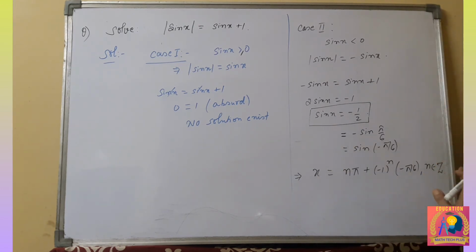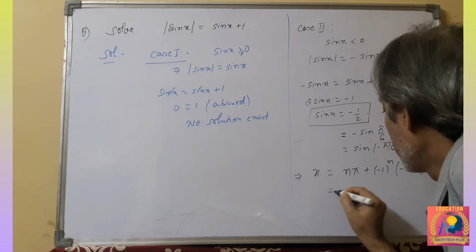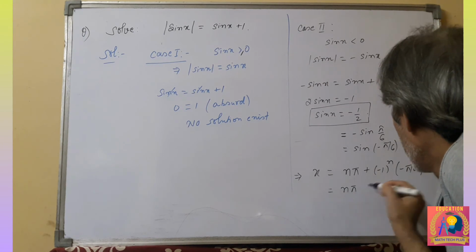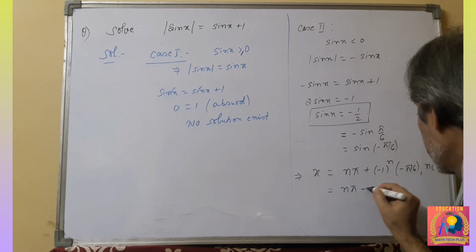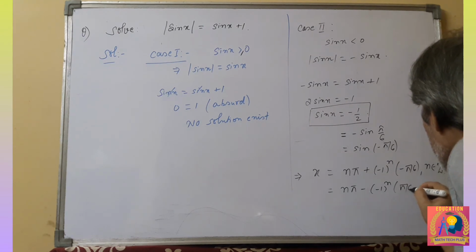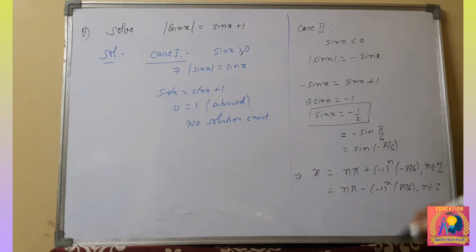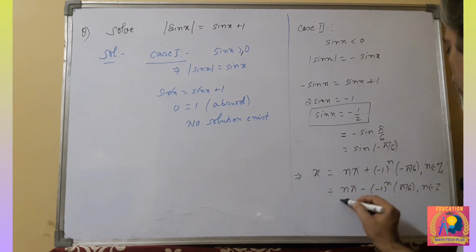No, Z is the set of integers. It can also be written like this, where n belongs to Z, where Z is an integer. So finally this is the solution.